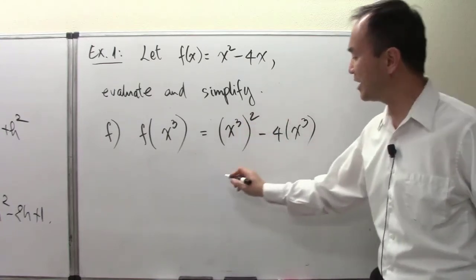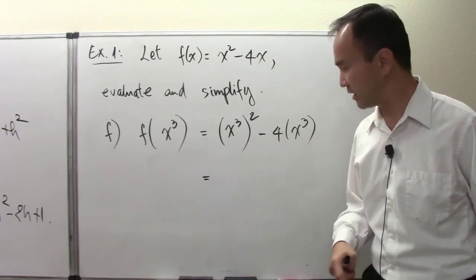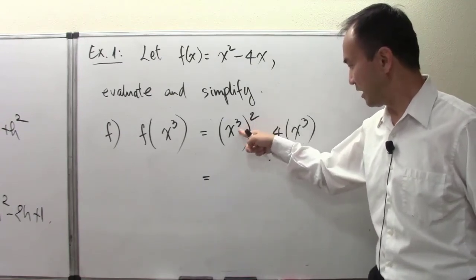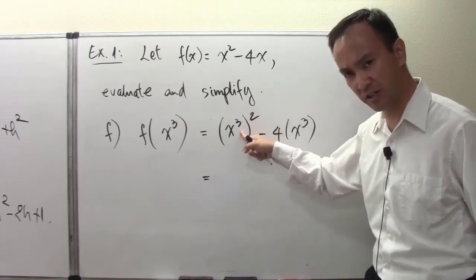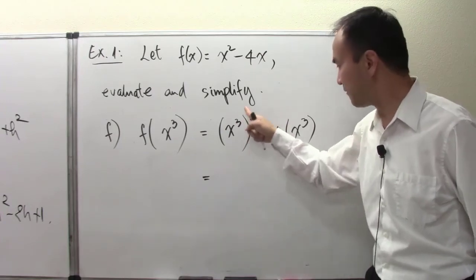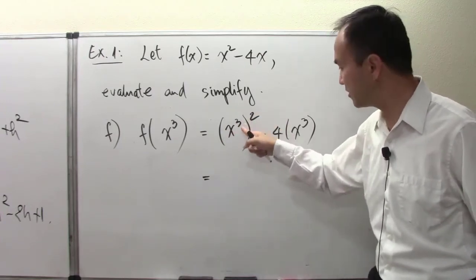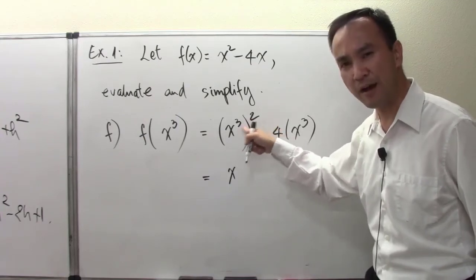Now another reminder from your prerequisite course right here: a power of a power, meaning a power being raised to another power. The final product here is going to give me x to the, we multiply these two powers together.